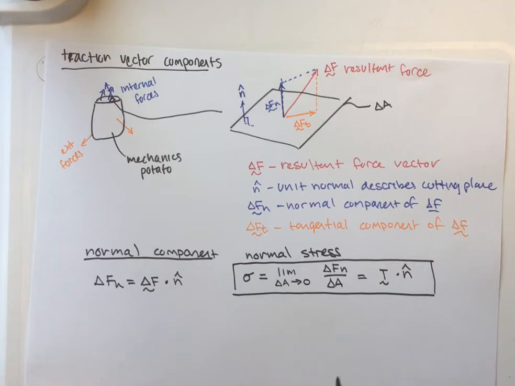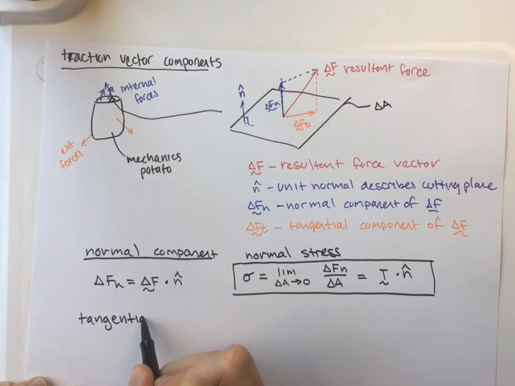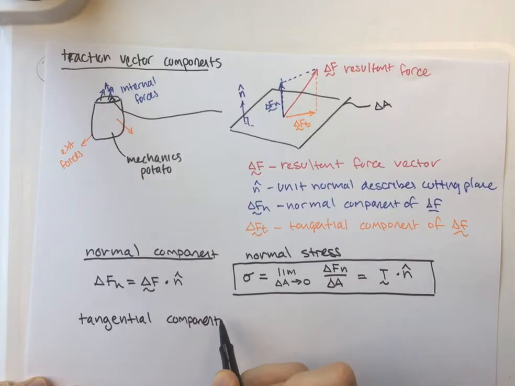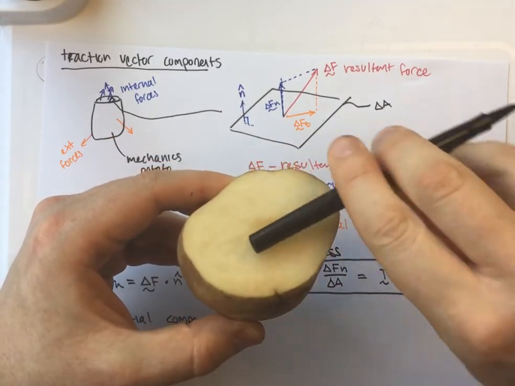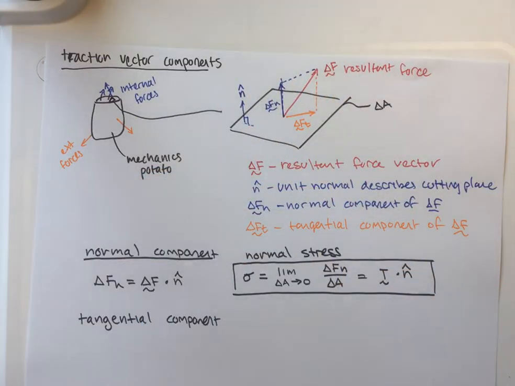And you can see that it's very similar to what we did when we looked at 1D, right? This is just force divided by an area. What's new, of course, is that we have now some other components because we're in 3D. So we have this tangential component. And the tricky part is if you go back to our potato, our tangential component could be at any orientation. So we don't have a nice vector like we did for our normal component.